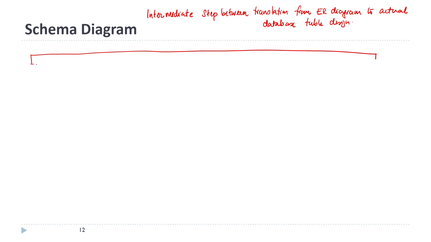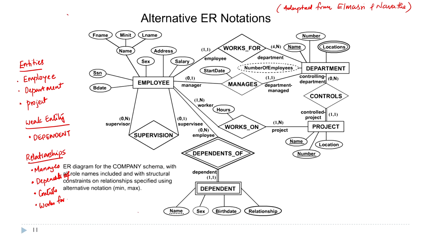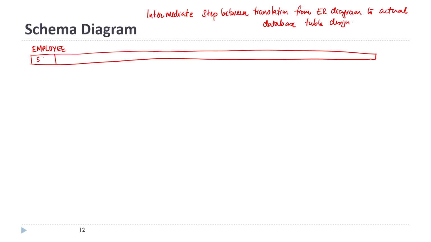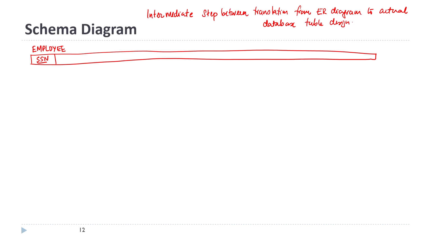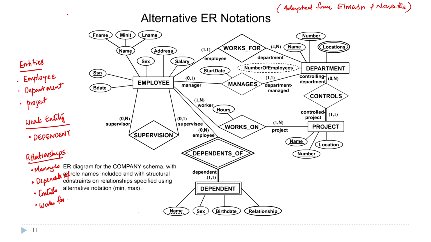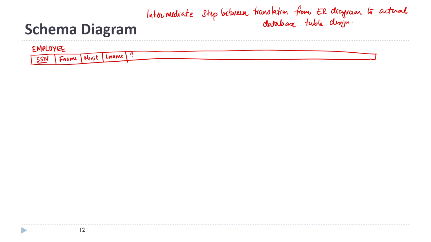I am just going to draw this slightly big. This is the employee, and the attributes of this. It is the SSN, social security number, which is a key attribute, written there. Then first name, middle initial, last name, so that is already there. Then sex, birth date.